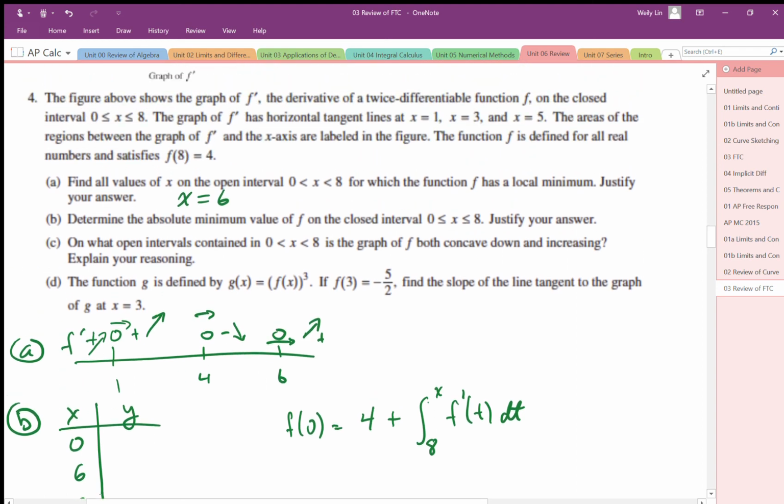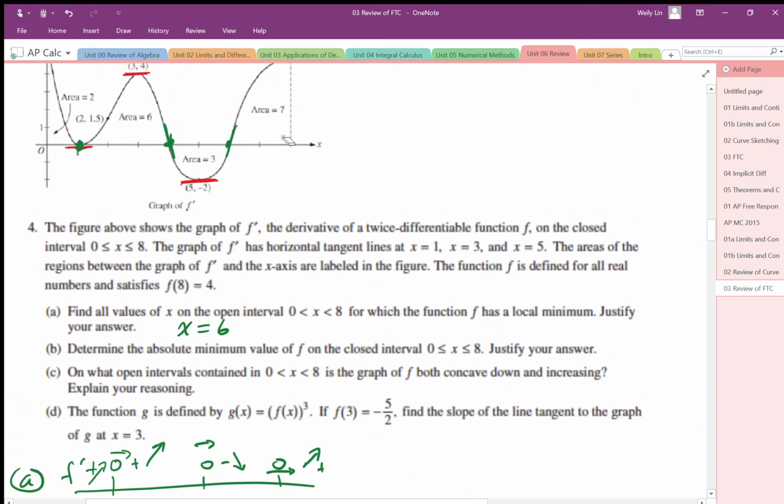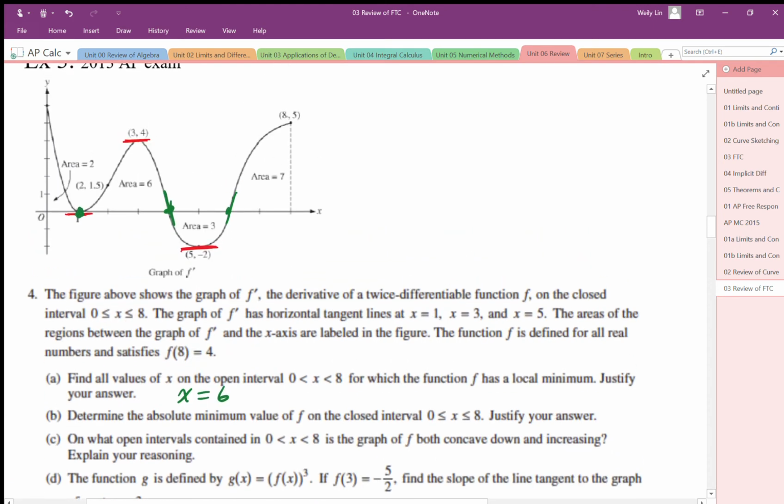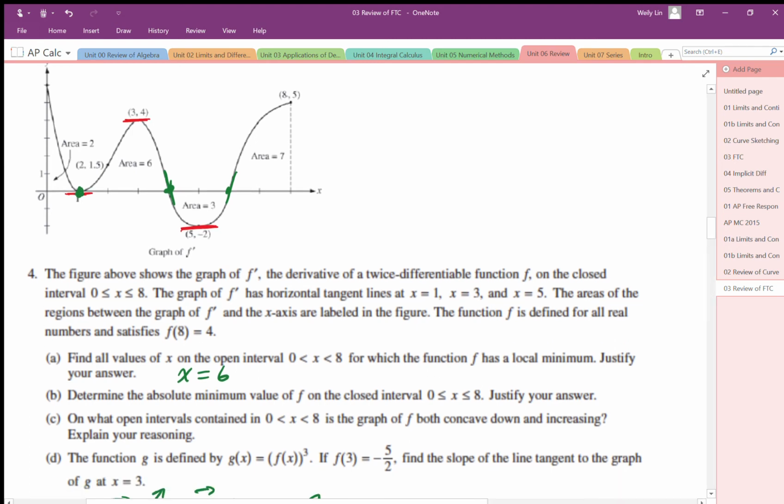I'm going to start at 8, which means that I have to go backwards this way to integrate. So there's a bit of a problem in that if I go backwards, the areas above are negative and the areas below are positive, because instead of integrating left to right, we're integrating right to left. Left to right, the areas above are positive, the areas below are negative. Right to left, the areas above are negative, and the areas below are positive.